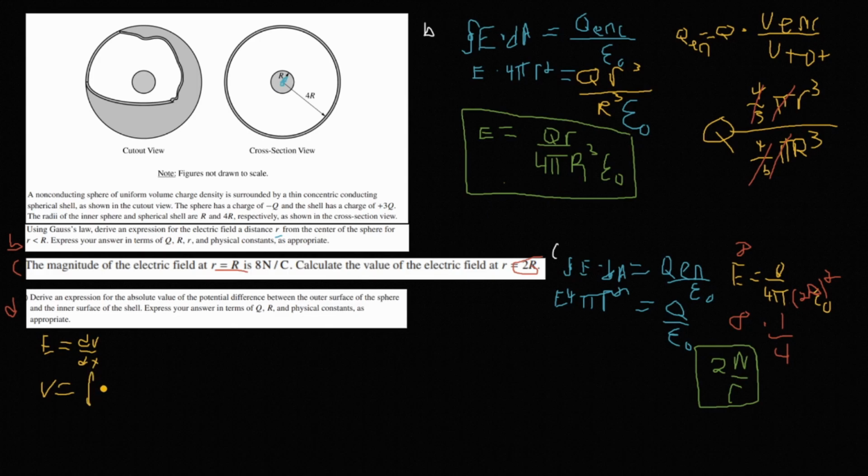So the integral of E, sorry, this is x, not t, and this is in terms of r, so we're going to do little r, E dot dr. And so then, what are we going to integrate from? Outer surface, so that's r, to the inner surface of the shell, that's 4r. So are we going to actually have to do some calculus? This is pretty cool.